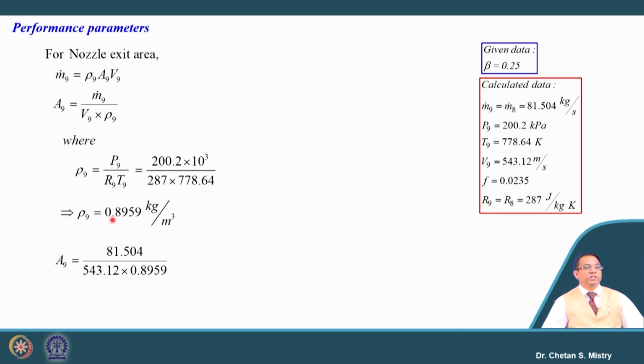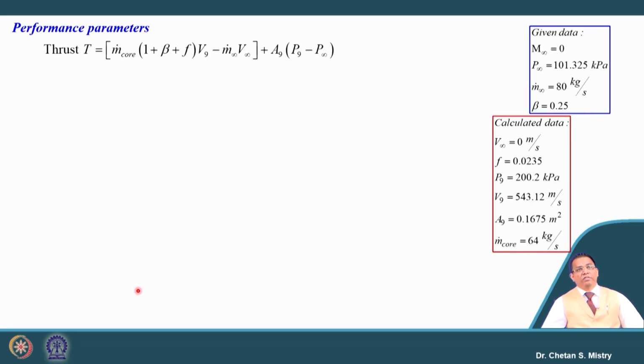All other information is known to us because we have done our calculation in terms of mass flow rate. It is 81.50, velocity is 543.12 and density is 0.89. So, that will give the area to be 0.1675 meters square.